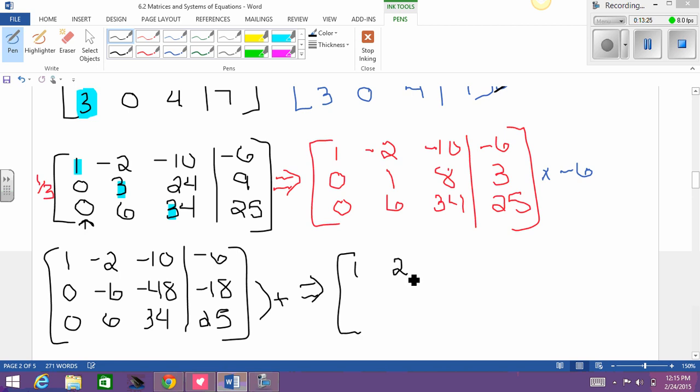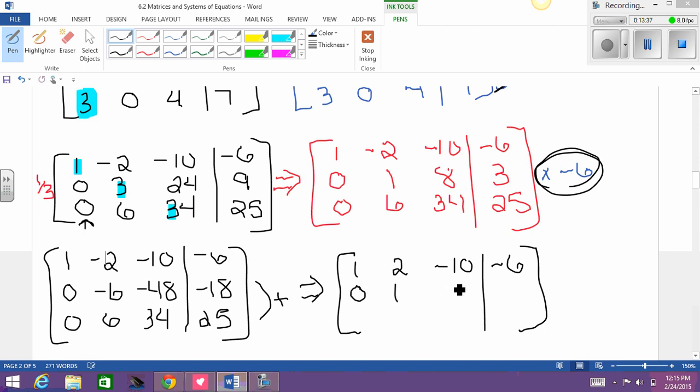So row 1, never touched it. It's going to stay what it was. We're going to add. Row 2 is going to revert back because I did this to it, so it's the original. We're going to revert it back. And we're adding these two, right? We're adding these two right here. So we get 0, 0, -14, 7.